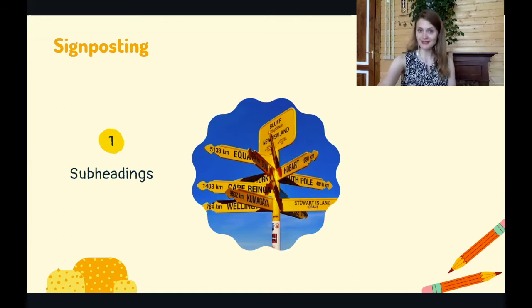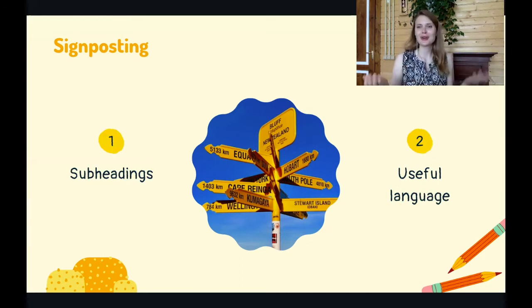And one more thing is useful language. Of course, what can we do without useful phrases, signposting phrases? So it's essential that you use them, but it's also essential to remember certain phrases, certain structures that you can use. And now let's look at them.